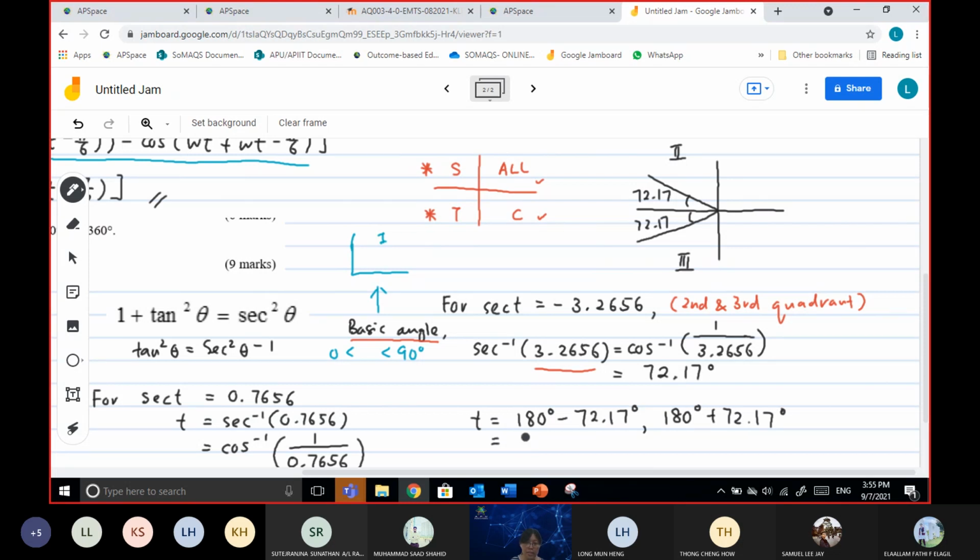So the correct answers should be 107.83 and 252.17 degrees. Make sure you understand this concept.